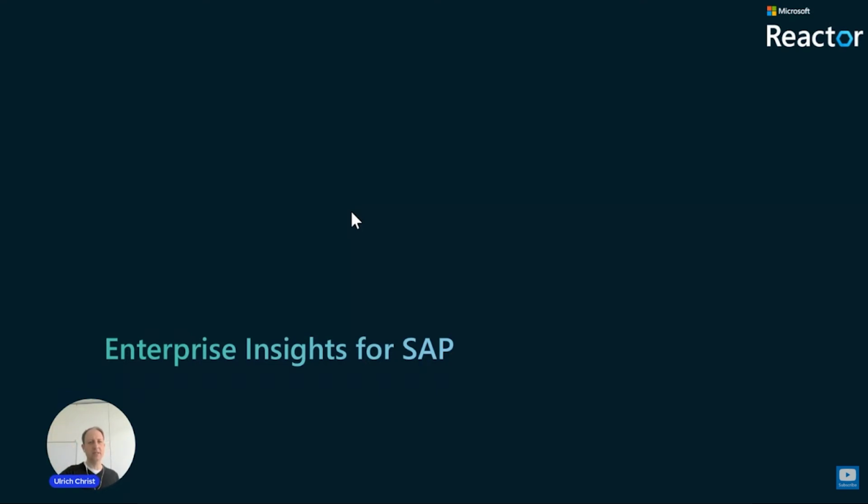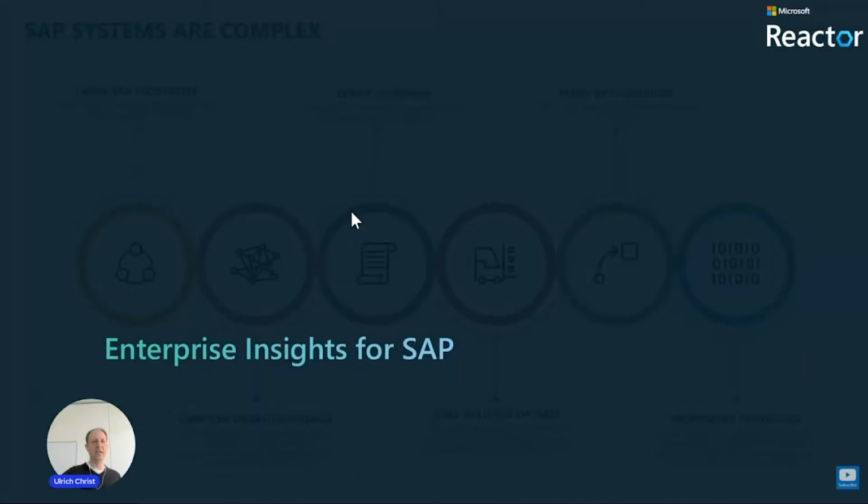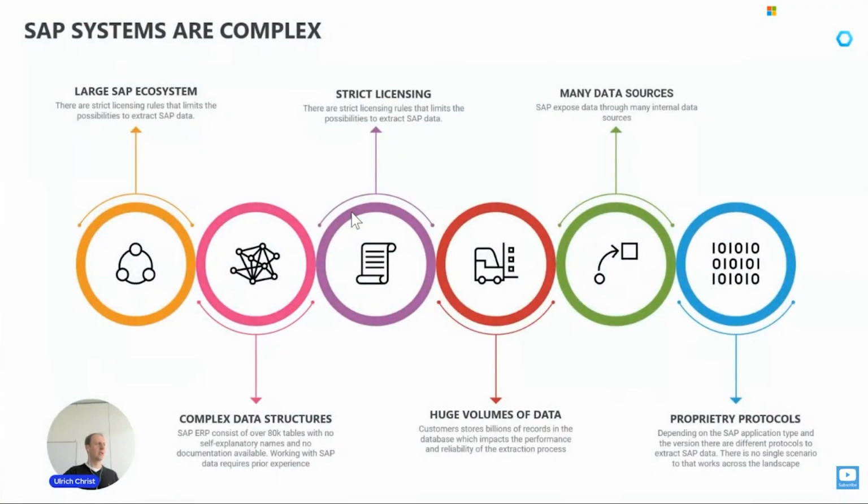These solutions are called Enterprise Insights for SAP, and they leverage the technologies which I was talking about. Sometimes you can combine multiple of the data integration options I talked about with Enterprise Insights to get an end-to-end experience up to a Power BI dashboard on top of your data. I'm not part of the team that works on this, but we're closely collaborating with them, because that's where we can provide combined value.